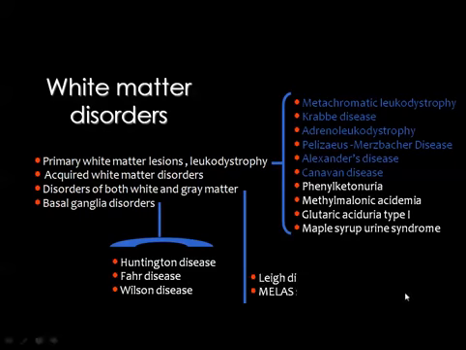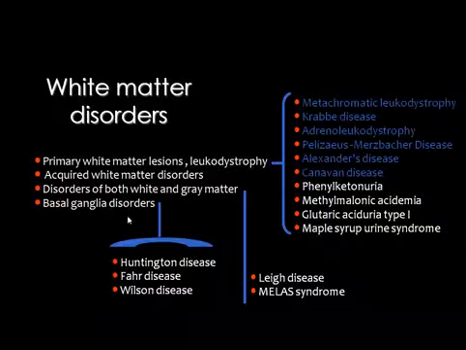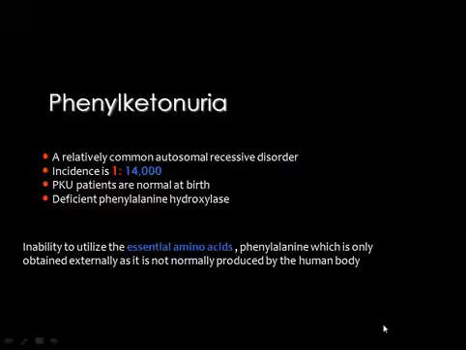Also we will discuss disorders of both white and gray matter, including Leigh's disease and MELAS syndrome. And finally, we will talk about Huntington disease and Fahr disease, as well as Wilson disease, which are disorders primarily affecting the basal ganglia.